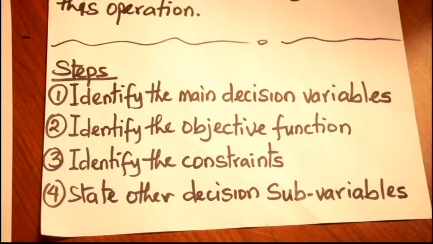After that, you identify the constraints that will possibly limit the operations or stand in the way as a kind of barrier. Then you state other decision sub-variables that will eventually help you put all your data together and arrive at a very good draft.